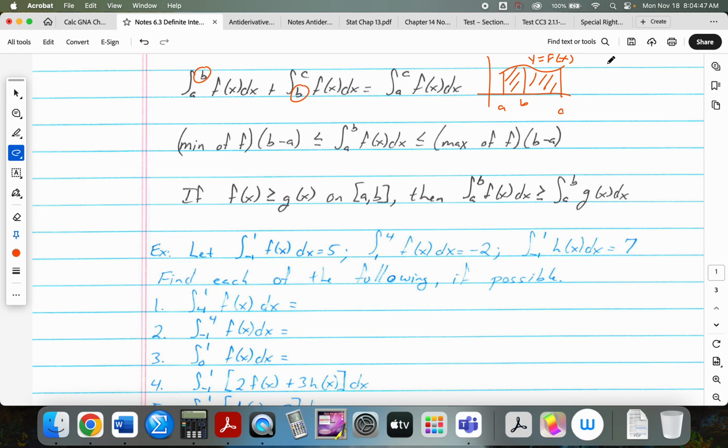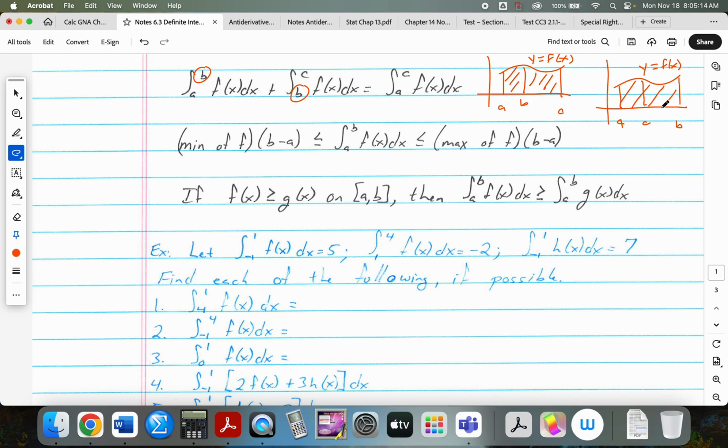What people initially are not happy with is, what if it's like this? Here's a, and b is over here, and c is here. And this is, again, y equals f of x. So if you take the integral from a to b, that's going to be all of this area, right?